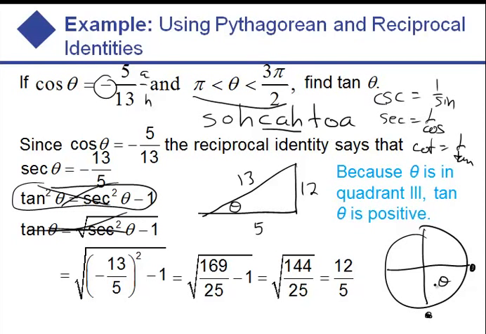It's always counterclockwise. So theta is any angle between 0 and all the way around to 180, 270. Anything between 0 and 270.